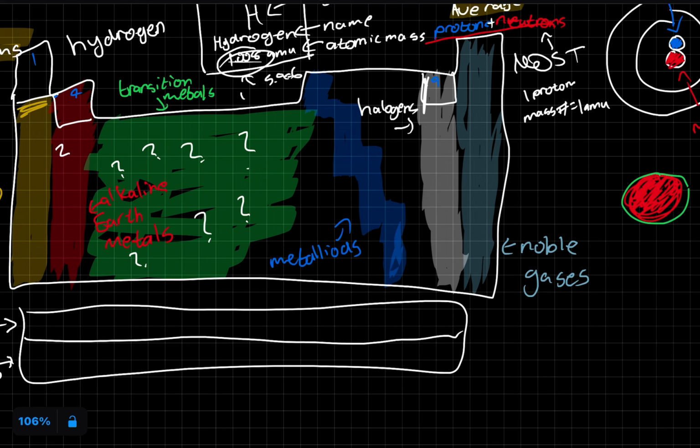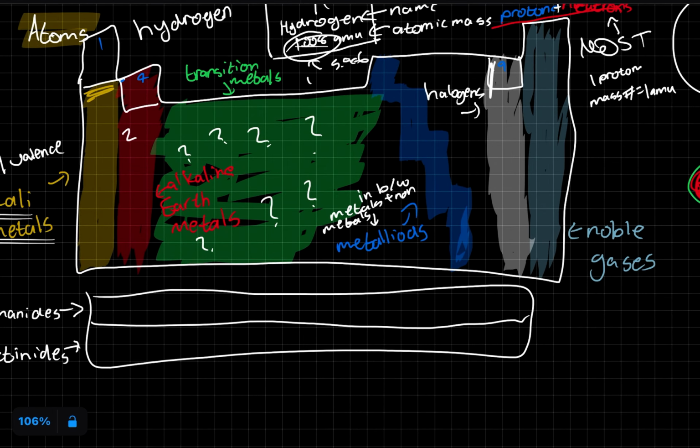Metalloids are more or less organized on the fact that they're not metals and not non-metals. They're not organized on the number of valence electrons. They're just in between metals and non-metals. And they also divide the metals from non-metals.